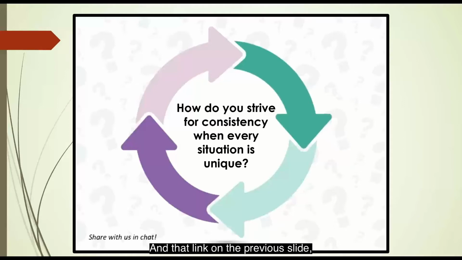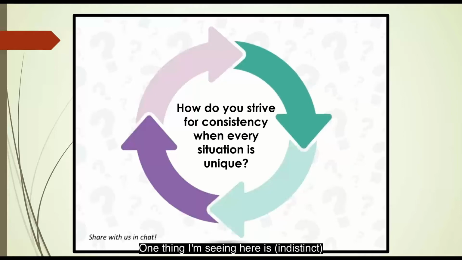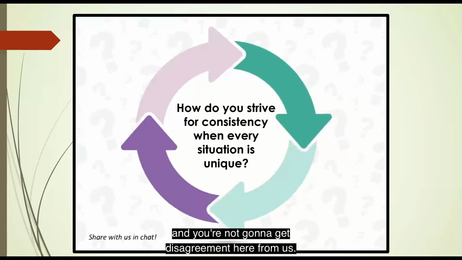And that link on the previous slide, if you download the slides via the handouts, you should be able to access any links there too. I think we're already starting to see some good answers in here, and one thing I'm seeing is that this is really hard to do. The COS rating is hard to do and hard to get consistency with, and you're not going to get disagreement here from us.